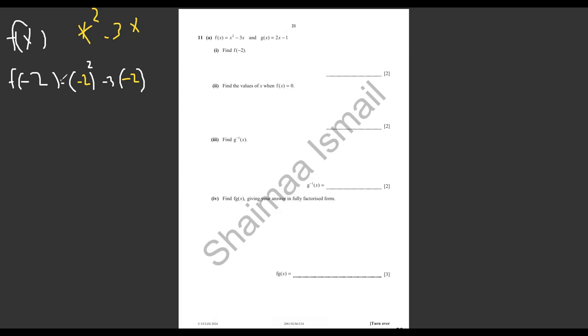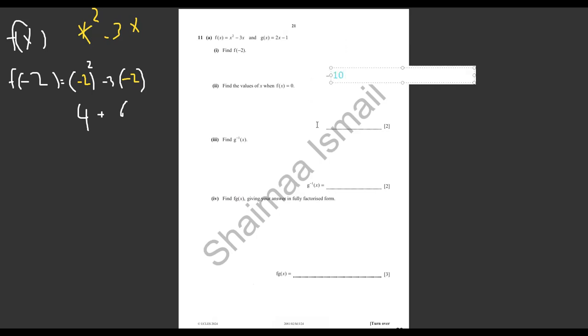So f of negative 2 equals 4 plus 6, which is equal to 10. Answer here is 10.